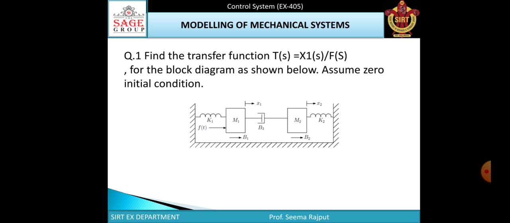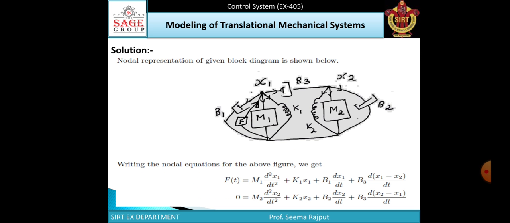Assume zero initial conditions. First of all, we have to draw the free body diagram of that particular mechanical system, which is the representation of that mechanical system.